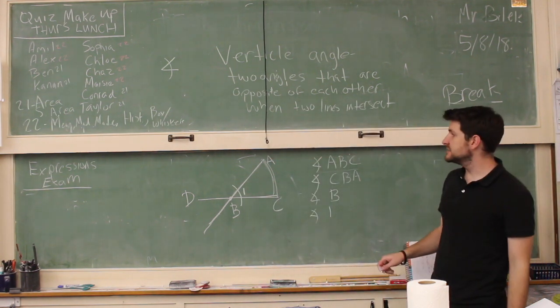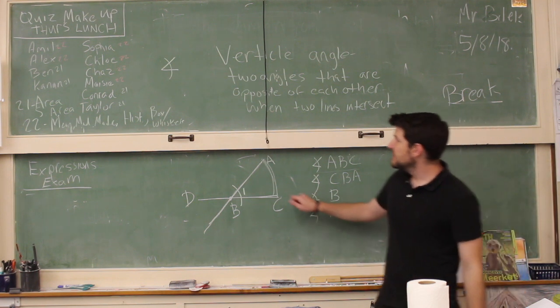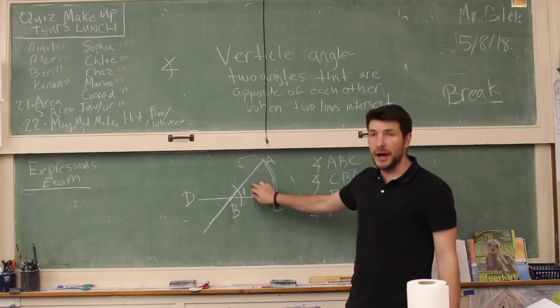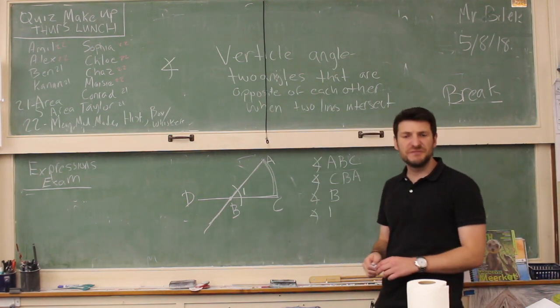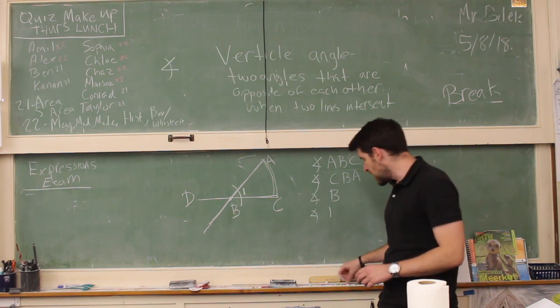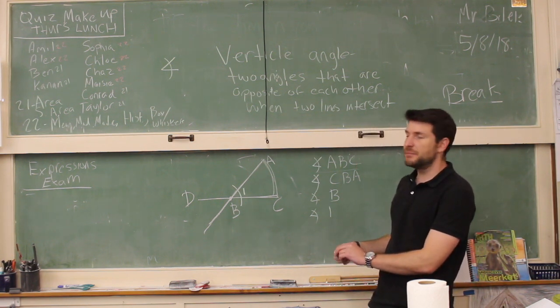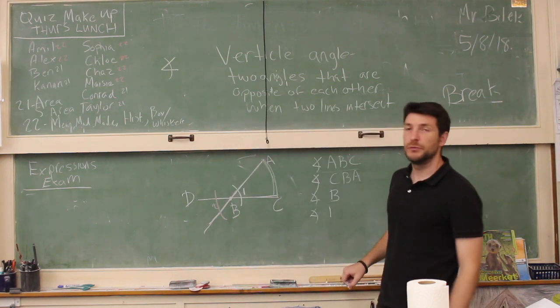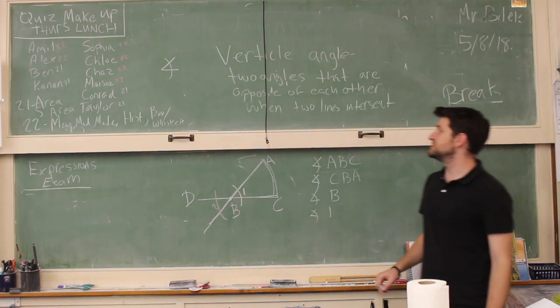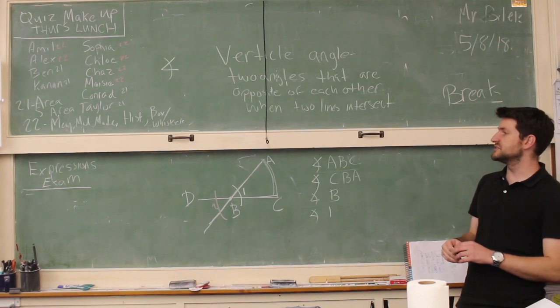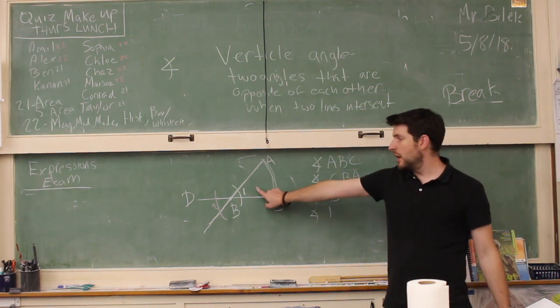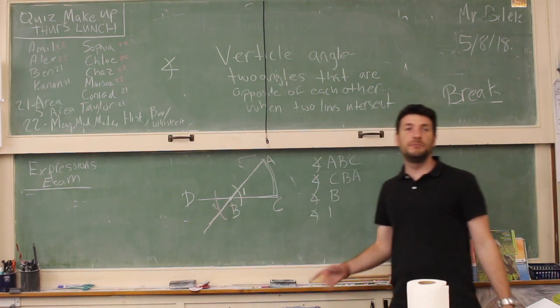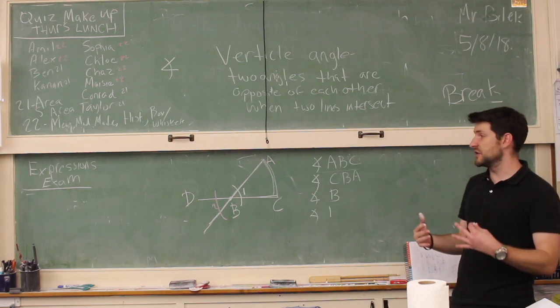So we have 2 lines, and we have this angle 1, and it has a vertical angle, the angle that is opposite to it. And that's going to be this guy right here. This 2. They're opposite to each other. And when 2 lines intersect, this one and this one are both vertical angles. They're opposite of each other.